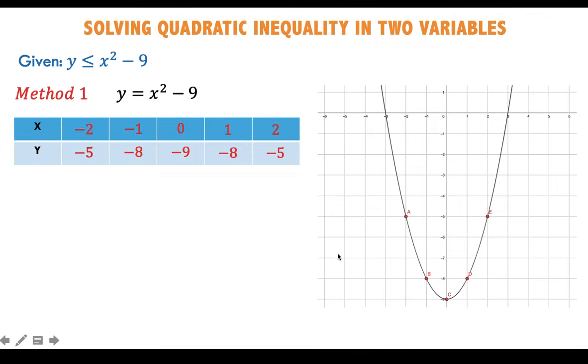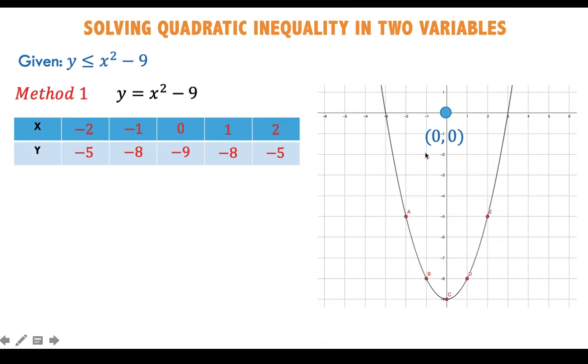The outer region also consists of an infinite number of points. So you can choose which point you want to use as your test point. In here, I decided to use the origin. The coordinates of this point are 0, 0, and this will be my test point. You can use any test point you want.